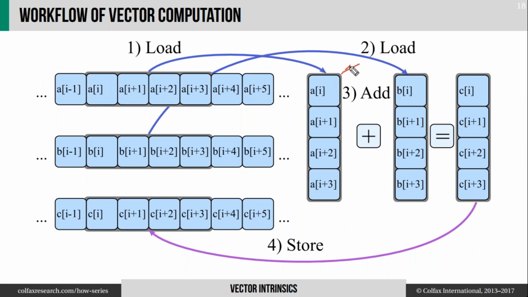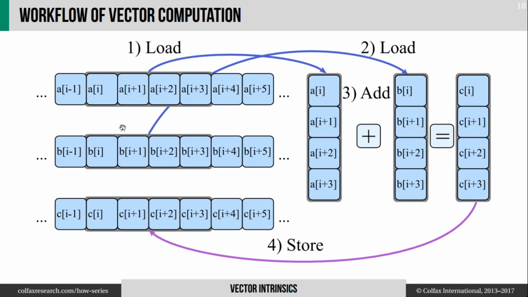When you have your operands in vector registers inside the core, you can call the vector addition instruction, and then inside the core you will produce a result. So the fourth operation will be to store this result back in memory or in a cache. In fact, this is the same workflow as for scalar computation, but it is particularly important to realize for vector calculations, because how you load and store data may be more important than how you do the math.